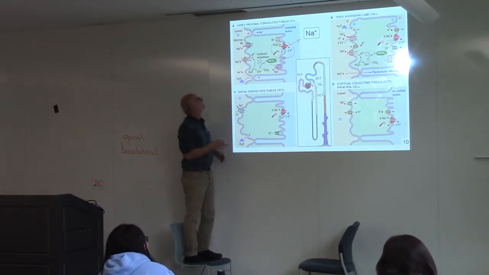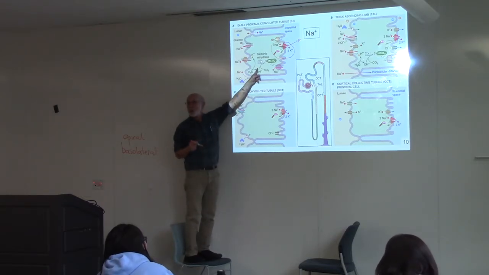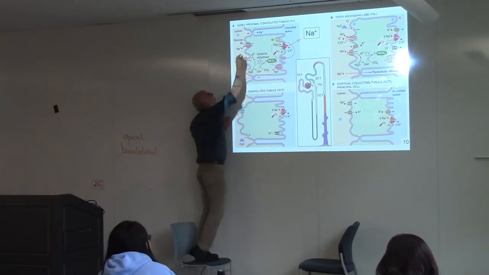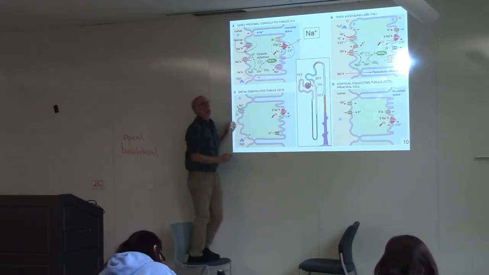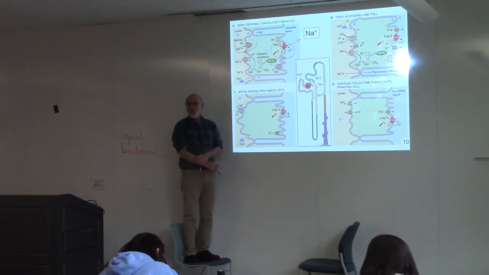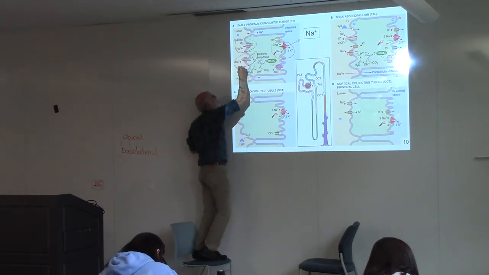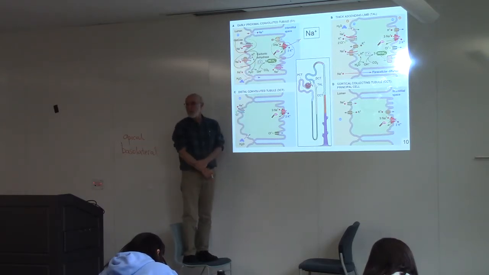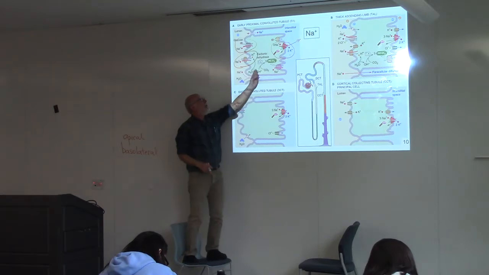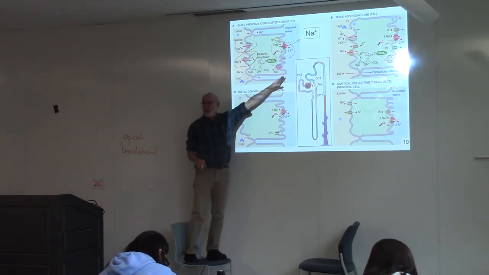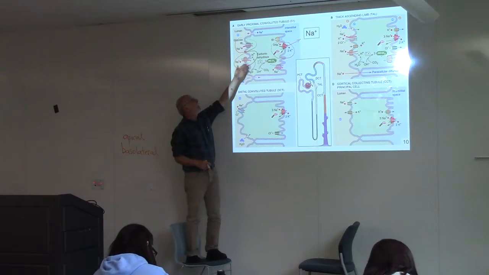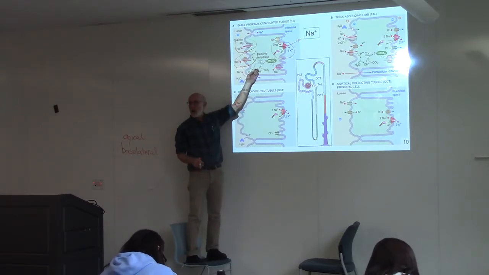There are two main transporters for sodium across this membrane: the sodium glucose co-transporter and a sodium proton exchanger. So sodium is pumped out of the basolateral and it flows down its concentration gradient apical.